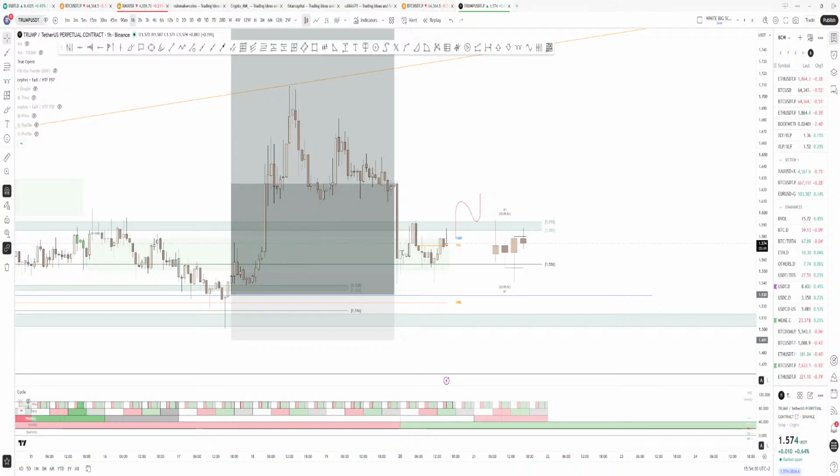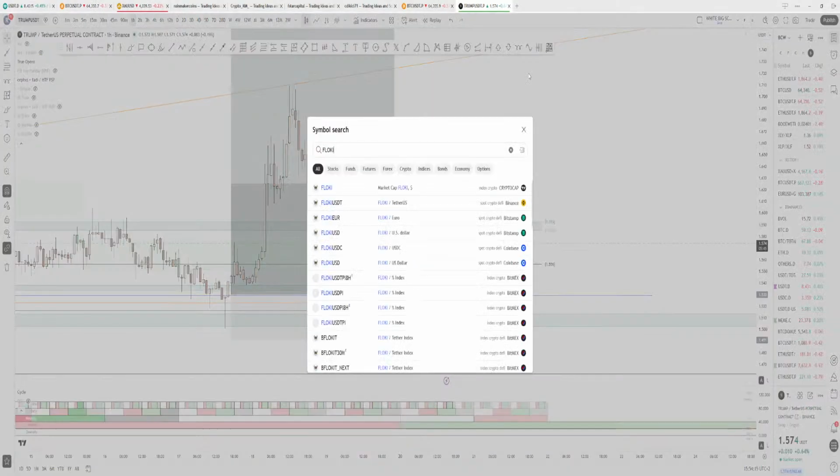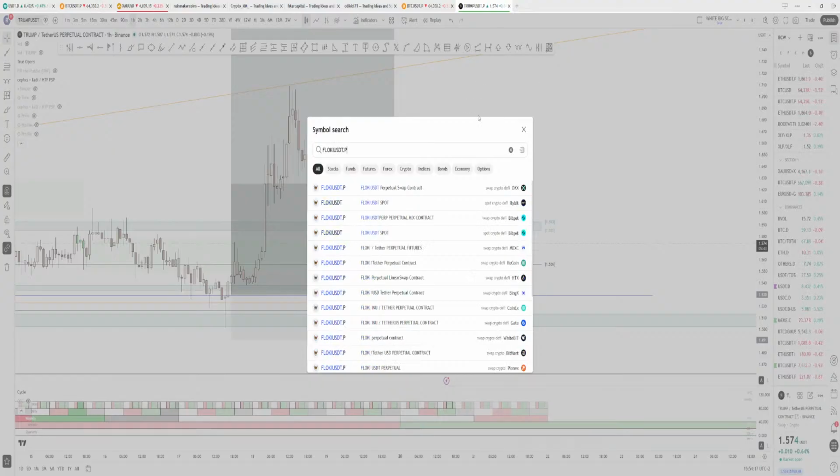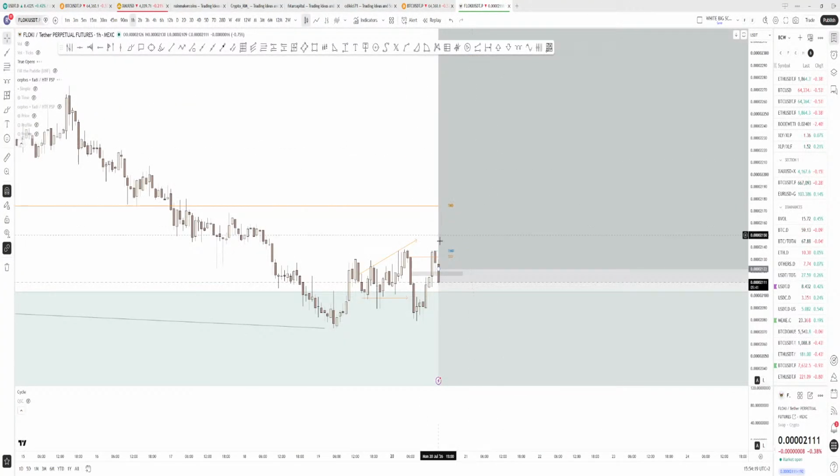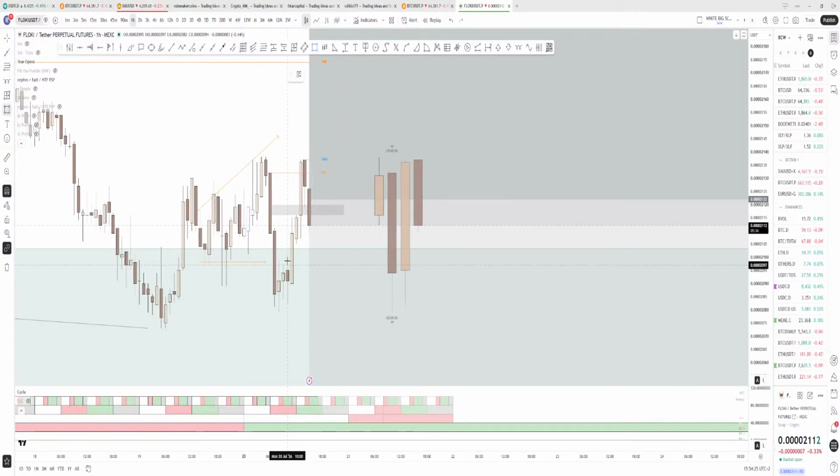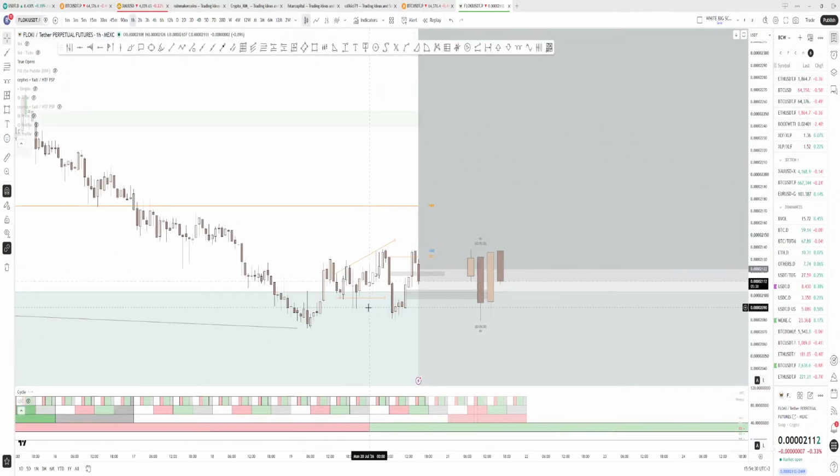Let me check Floki real quick. I want to have a proper entry on that one. It's below that level right now. There's a VVG here, so we might fill this first.